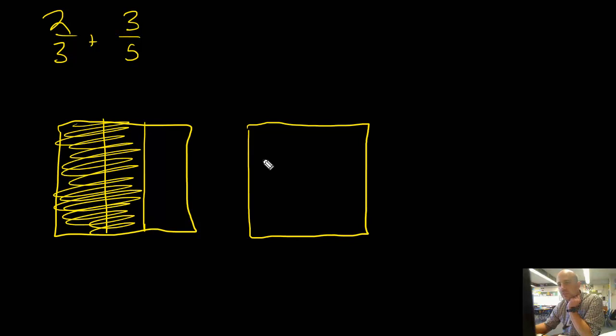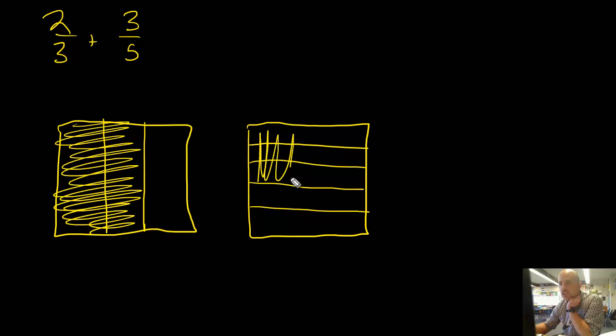And here I have 3/5. Fifths. I'm going to draw 4 lines, and I have fifths 1, 2, 3, 4, 5, and I have 3 of them that I need to shade in. Okay, so here I have 3/5, 3 out of 5, and over here I have 2/3, 2 out of 3.